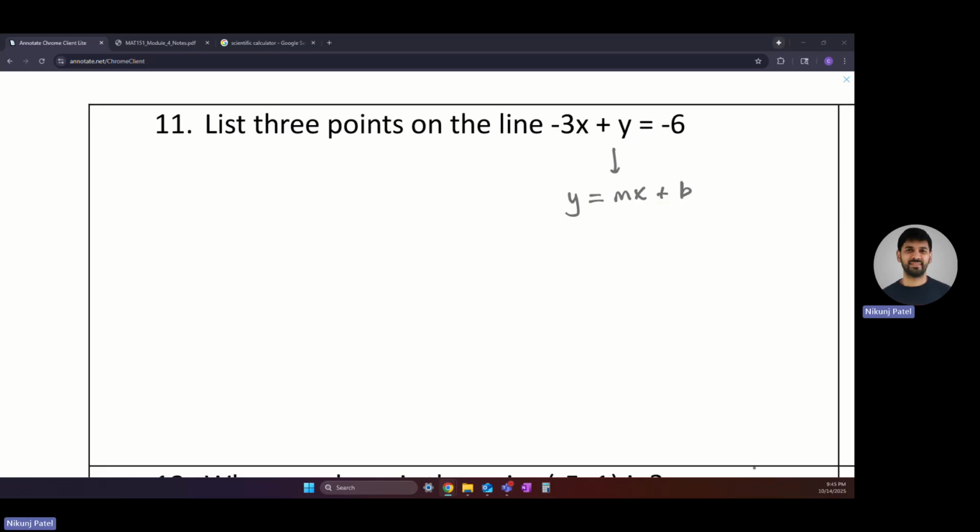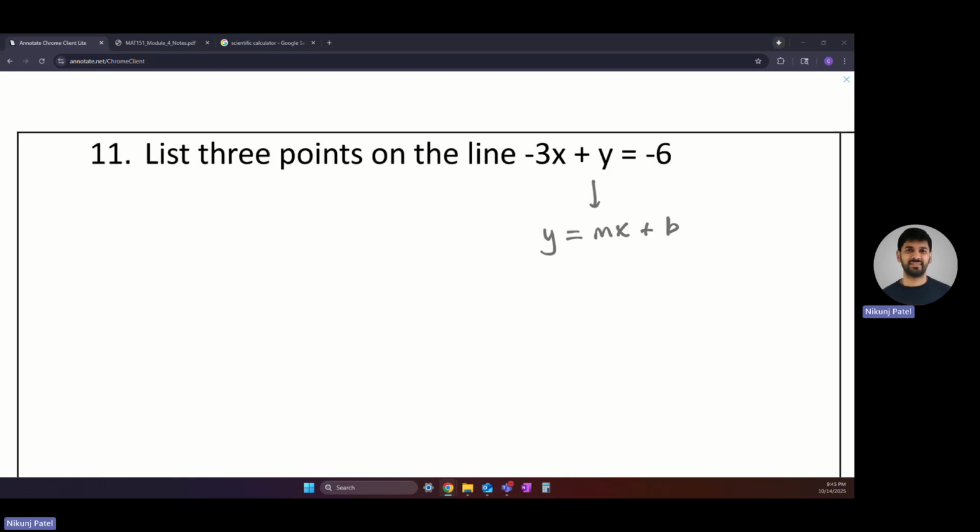Right now, x and y are on the same side, so we want them on separate sides. So we would need to take this x term and move it over. When we do, we would add 3x to both sides, which would turn this into y equals 3x minus 6.